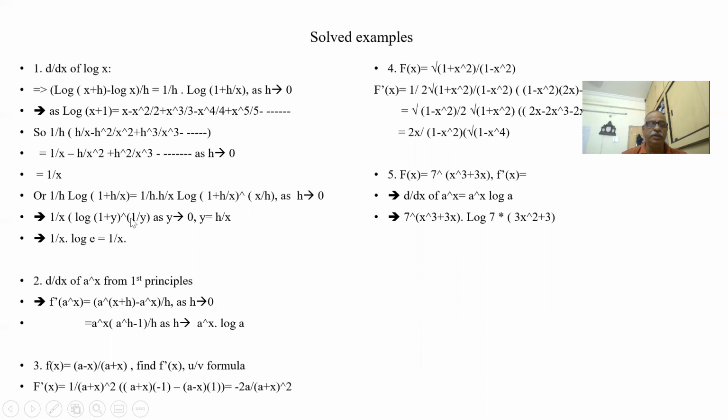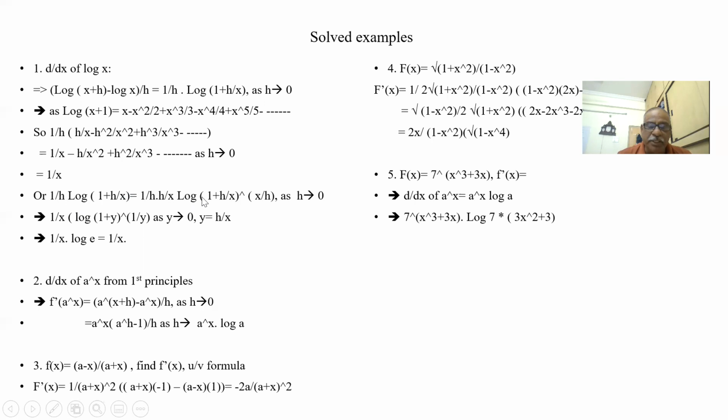Or we can do it in another form. Log of 1 plus h by x by h. This is the form we got. So this can be written as 1 by h into h by x log of 1 plus h by x whole to the power of x by h. Suppose this whole to the power of x by h, I bring it here.